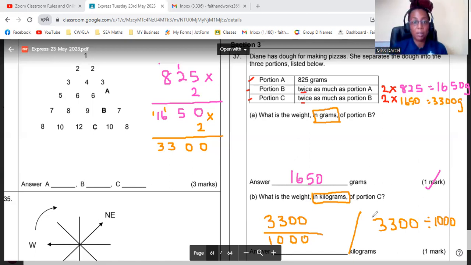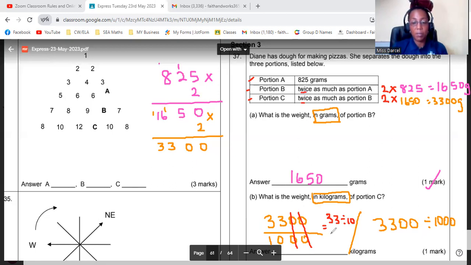So there we go. You can cancel out the zeros. All right, and then we have 33 divided by 10. We're going to use the bunny hop on this one as well.